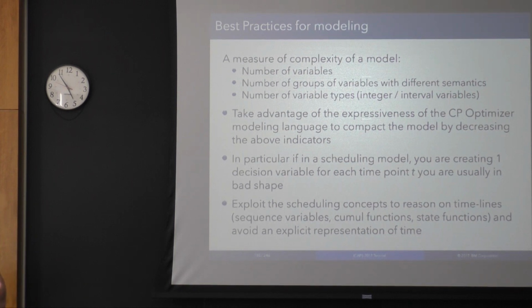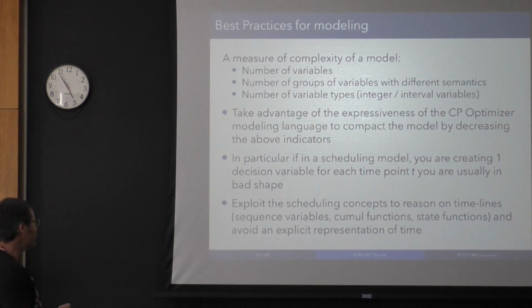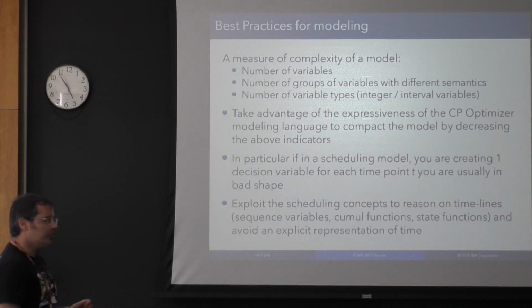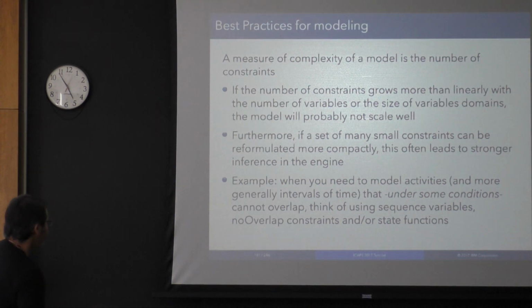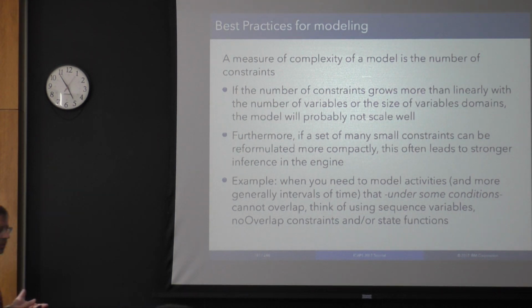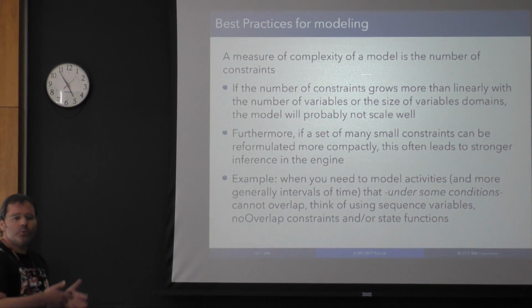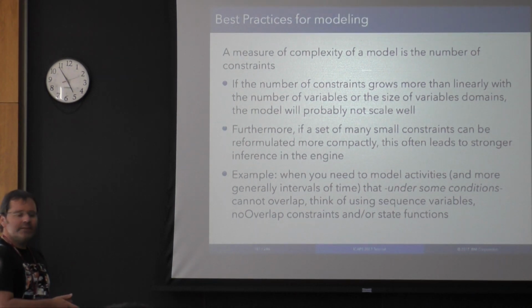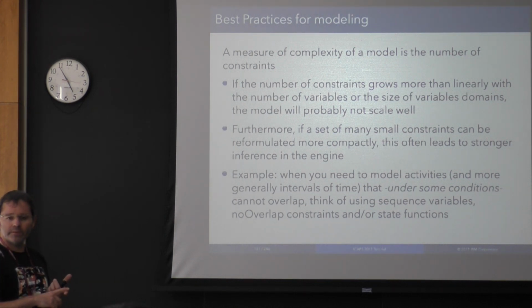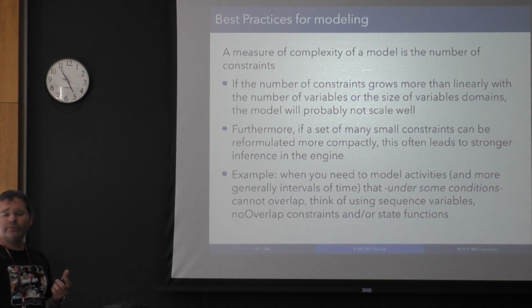So of course, the idea is to exploit again this notion of timelines in general: sequence variable, cumulative function, and state function to model the problem. Another sort of model complexity is the number of constraints. In general, a good indication that you have achieved a reasonable CPO model is when the size of the model, in terms of number of constraints and number of variables, is linear with the data you have.